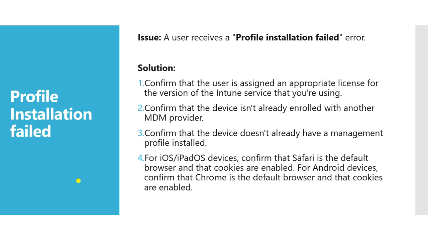If the device is already enrolled with another MDM provider, then you can also face this issue. Confirm the device does not already have a management profile installed for iOS and iPad, and confirm that Safari is the default browser and that cookies are enabled.